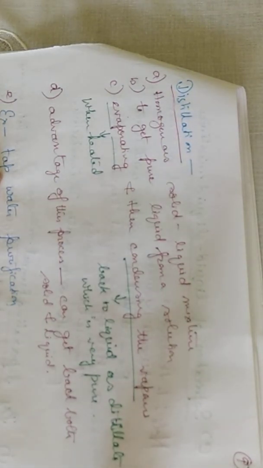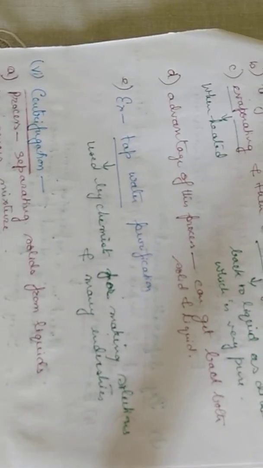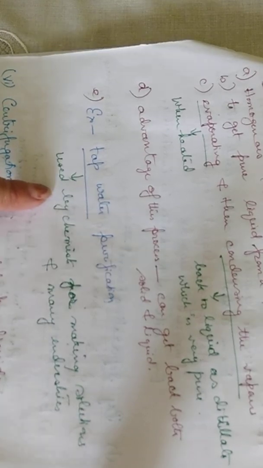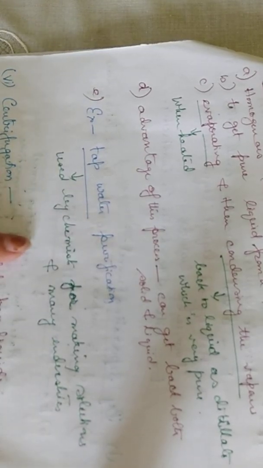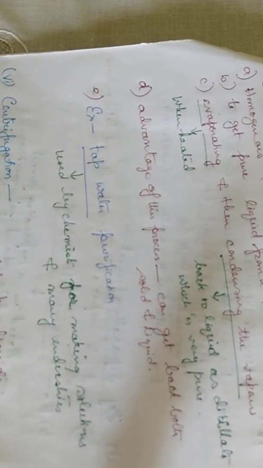What is the advantage of this process? We can get back both the solid and the liquid, because the solid remains in the distillation flask, and from the distillate we can obtain the pure form of the liquid. For example, tap water purification, which is used by chemists for making solutions and in many industries.